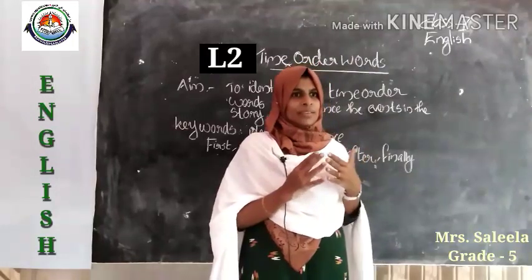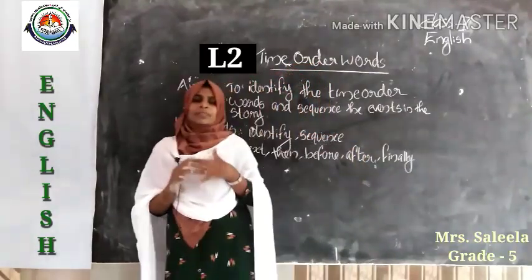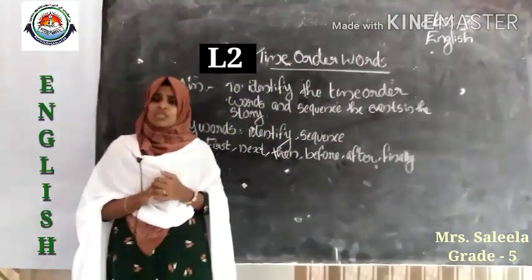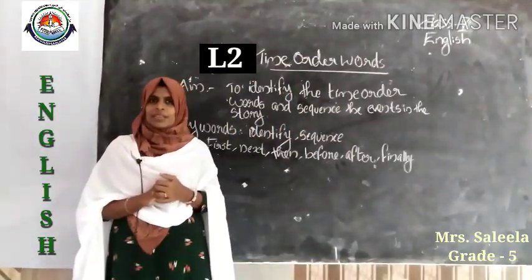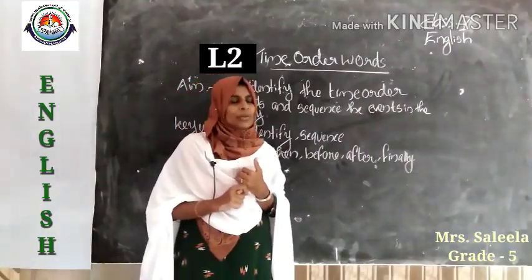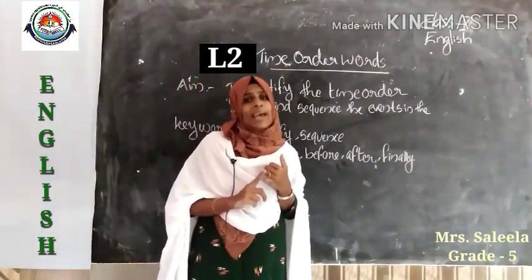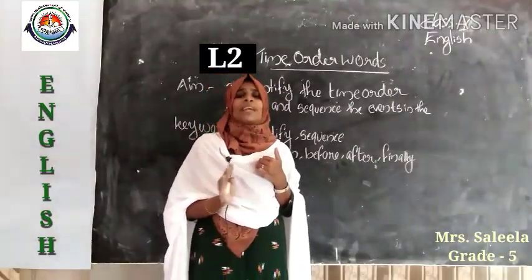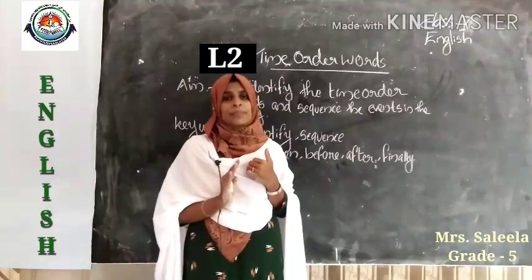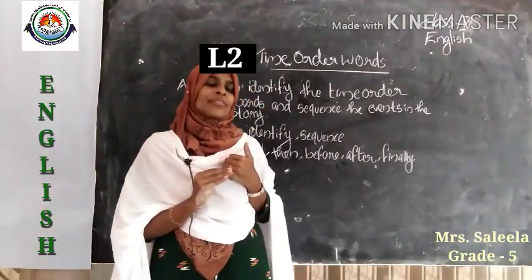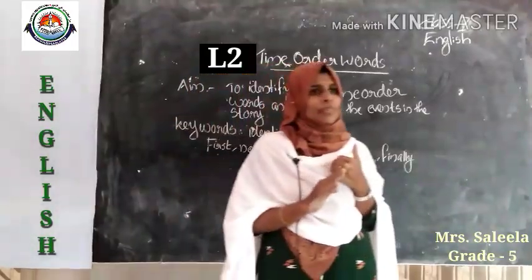Tell me, what happened first in the story? First, the washerman, what was his name? Raghu. Exactly. Raghu cleaned up his small shack, sweeping it with great care. He fed the stray dog which he had picked from where?